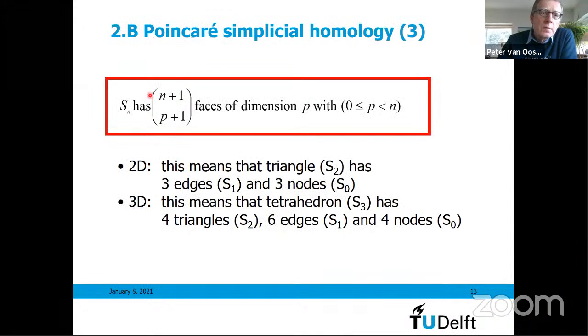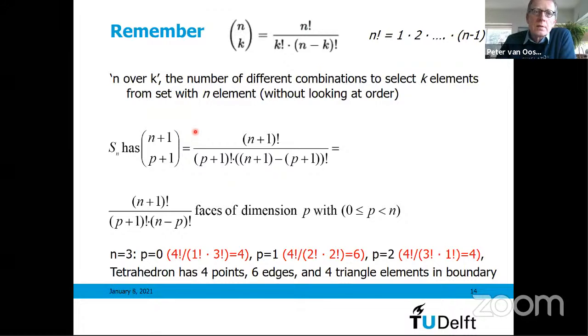For those of you who forgot about this notation, for the number of combinations, this is the generic formula. N over K is the way they call it in mathematics.